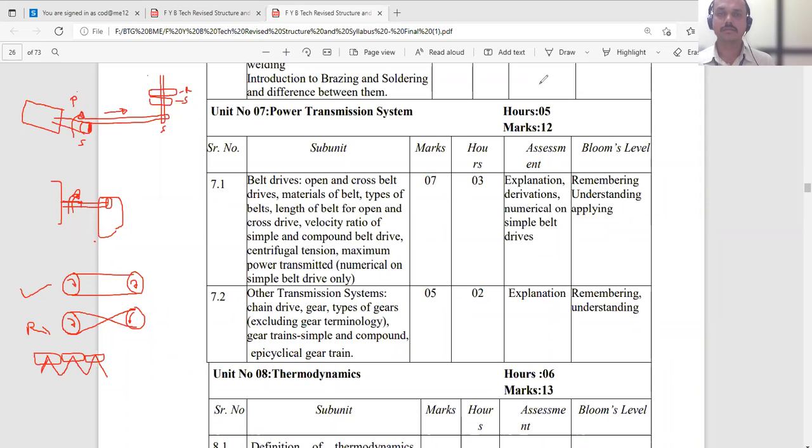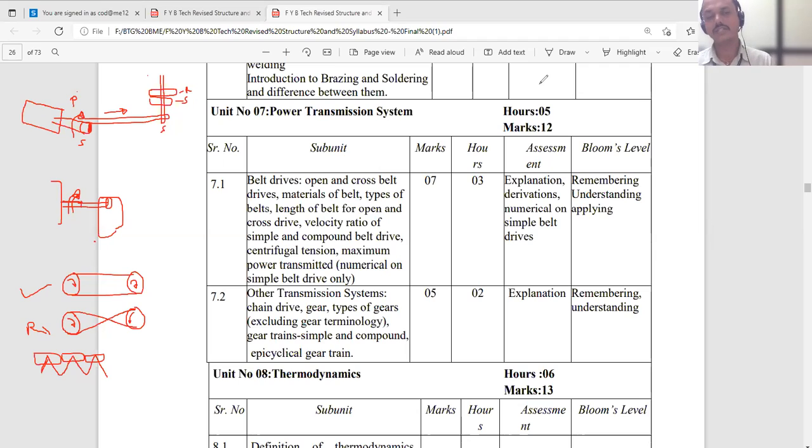Excluding means it is not a part of the syllabus. Excluding gear terminology. That gear terminology is, I think, in second year in theory of machines. Excluding gear terminology. Bracket complete. Comma, gear trains.